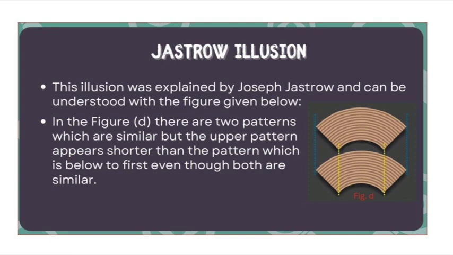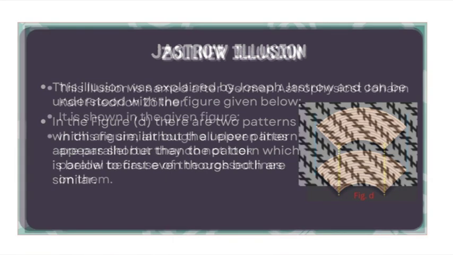If you look, both are similar, but the upper pattern appears shorter than the pattern below it, even though both are equal. The upper appears shorter because it appears shrunk, and the lower appears larger, whereas physically, by measurement, both are equal. So, again, I am making a false perception in the presence of the stimulus. It will be called the Jastrow illusion.